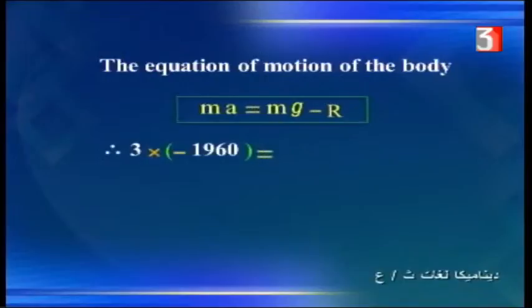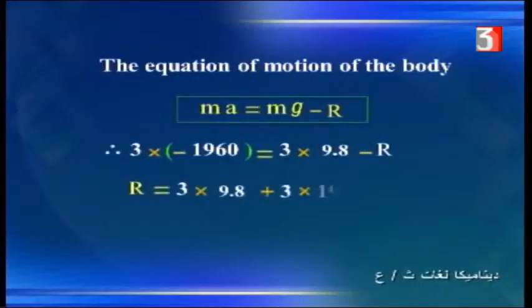Then the mass equals 3, multiply the acceleration, which equals negative 1960, equals m, the mass of the body, 3 times g, the gravity, equals 9.8 meter per second square, minus r, which is the resistance of the sand to the body.